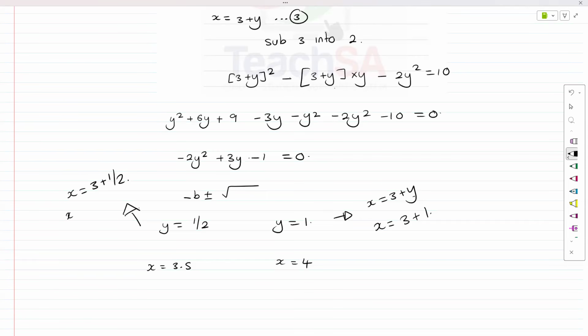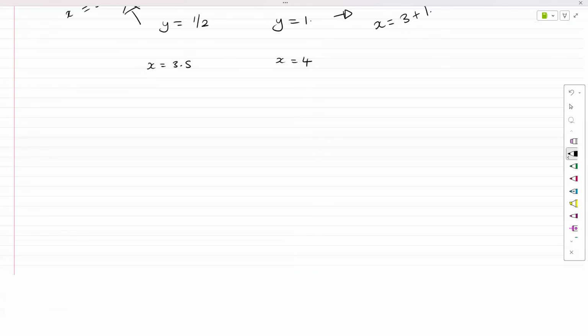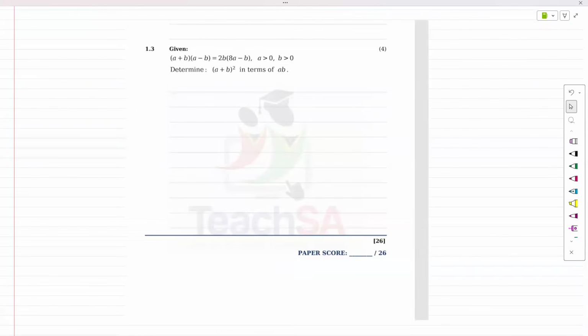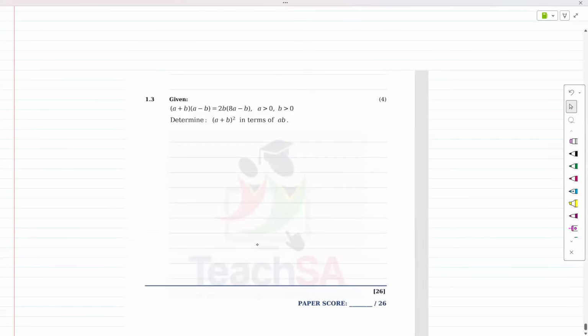Don't panic if you don't understand, just go back and watch the algebra videos. And that's all there is to this question. The next one generally is level 4. I understand it's level 4, but we'll be able to do it.